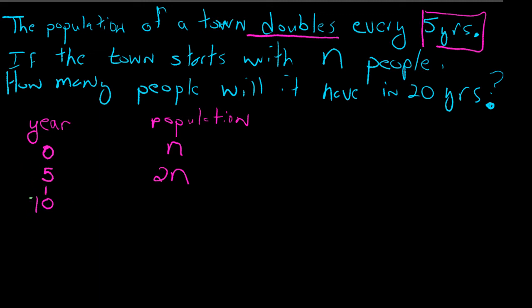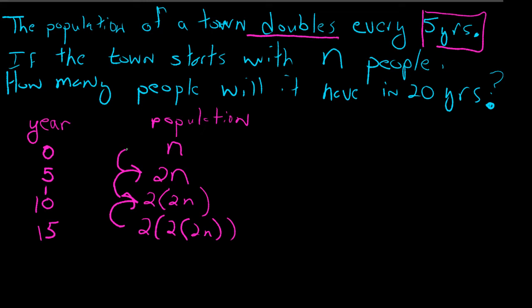Right? I've doubled between these. So I'm 2 times 2n. At 15, I'm 2 times 2 times 2n. Notice I'm doubling the thing before. That's how doubling times work. I've doubled the thing before, and so on.